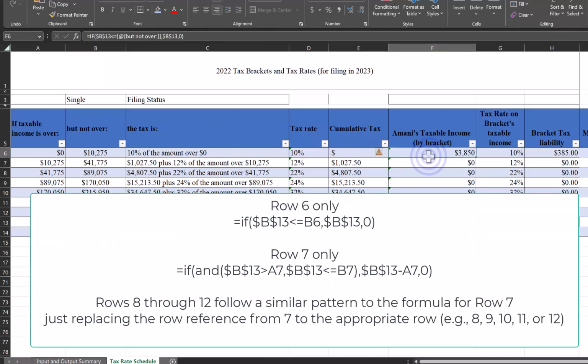We created conditional formulas that mimic the process shown in the last example, where we're identifying the row that the taxable income fits between. Once we identified the appropriate row, the formula would then subtract the amount of taxable income from the bracket minimum to arrive at the taxable income that would be taxed at that row.